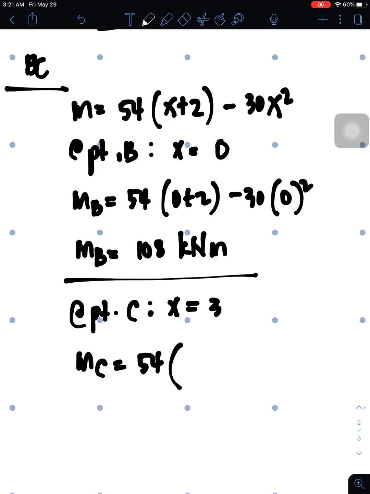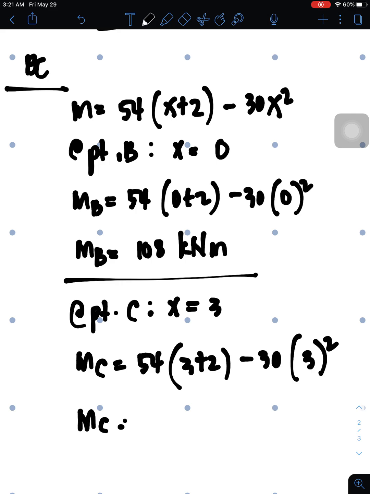That's 54 times 3 plus 2 minus 30 times 3 square. So MC is 54 times 5 minus 30 times 9. So MC is 0.